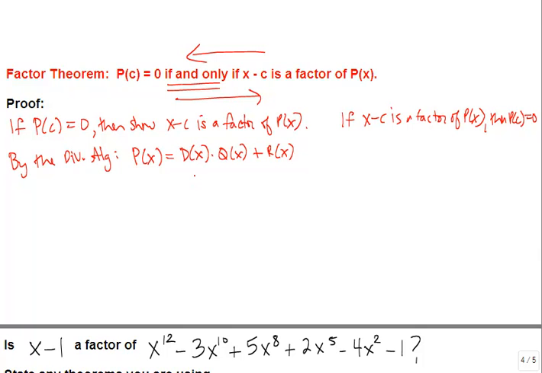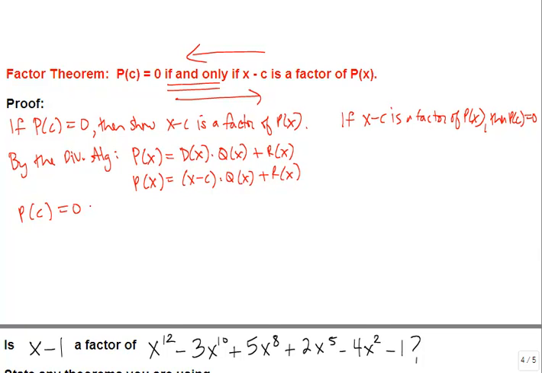And in this problem, what are we dividing by? We're dividing by x minus c. So my divisor is the factor x minus c.